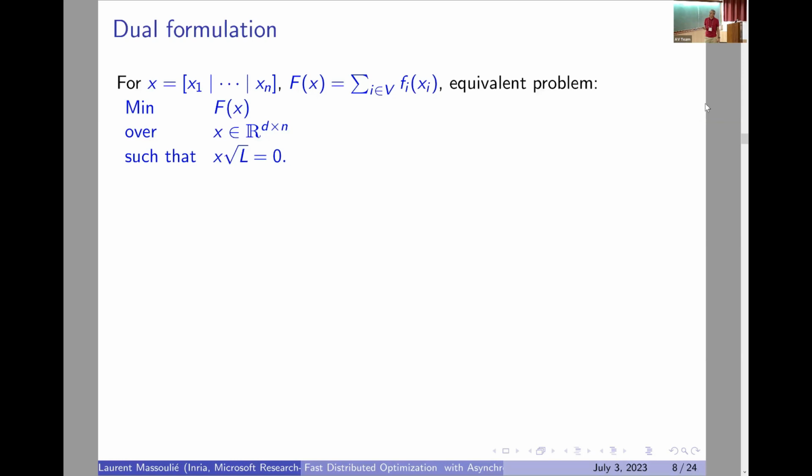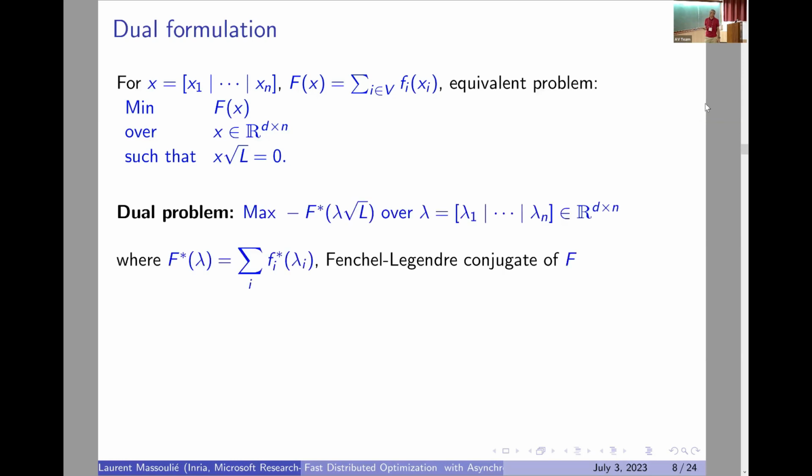Okay, and so to go dual, now instead of solving this primal constrained optimization, we'll look at the dual convex problem, which boils down to a maximization of minus the Fenchel-Legendre conjugate of this capital F, evaluated at a matrix of coefficients lambda times square root L. And this can be massaged a bit into a nicer form.